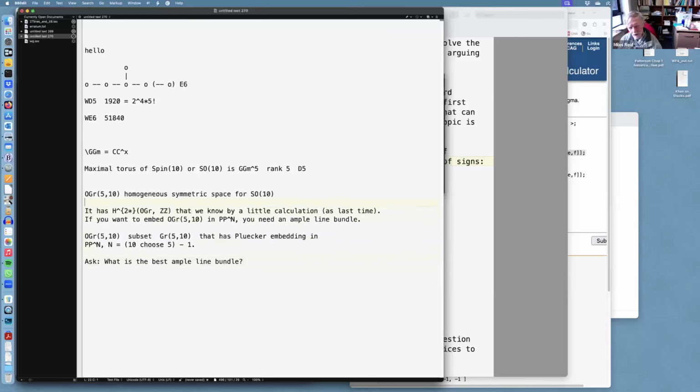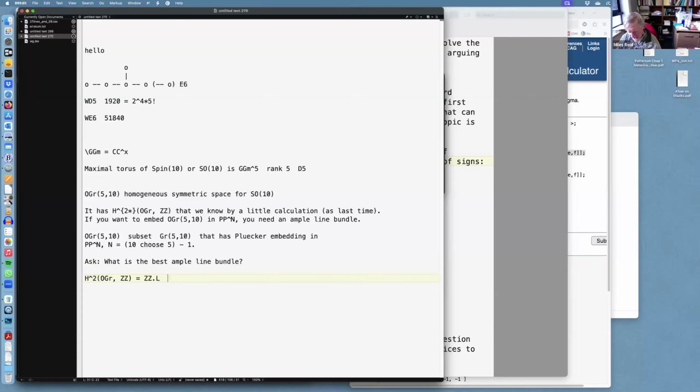And I told you that we know it's H2, so H upper 2 of O. So this is isomorphic to Z with a preferred generator.